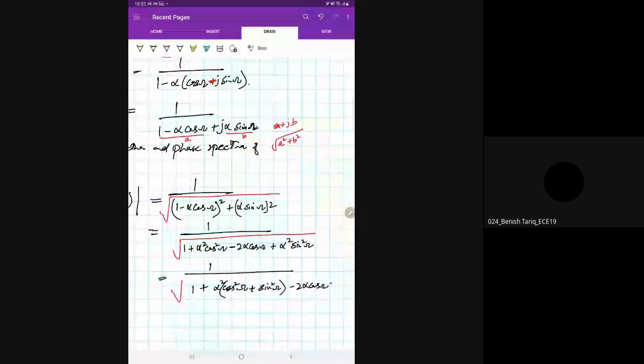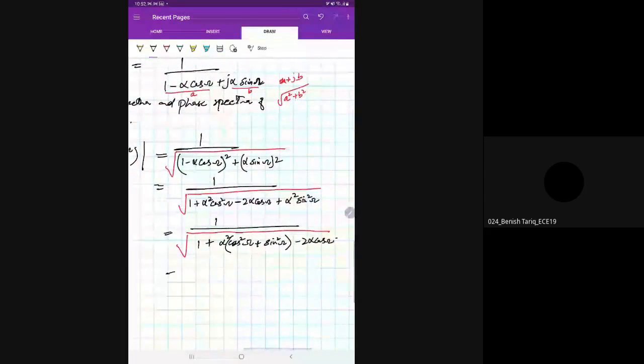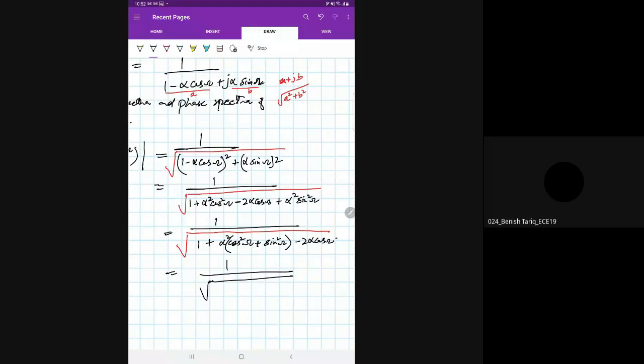I have taken alpha square common from two terms. So what it will become now, it will become like this. You have 1, okay, plus then you have alpha square, because cos square theta plus sine square theta will turn to 1. Then you have minus twice alpha cos of omega.